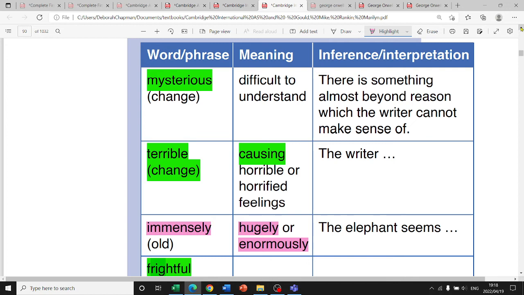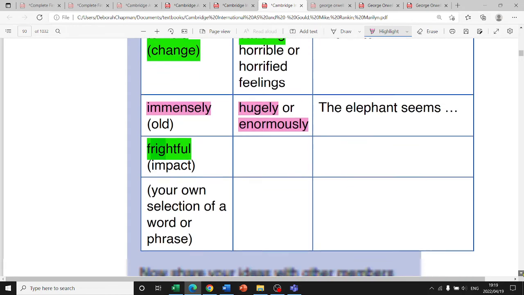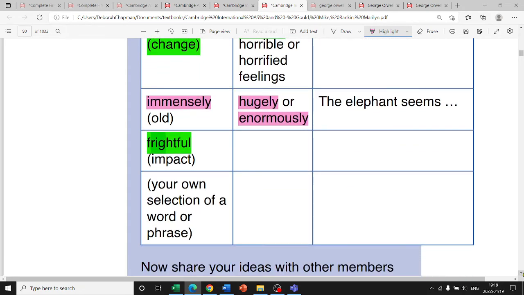When we look at the annotations that I gave you, you saw some of the interpretations or inferences that the students may have made there. So allow yourself to have a look at those ones, if you didn't find anything else.